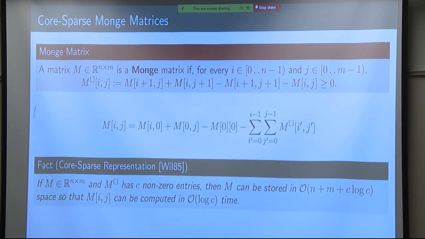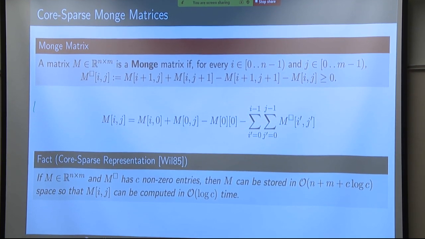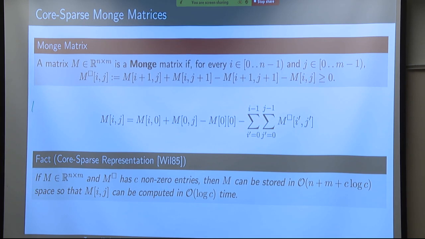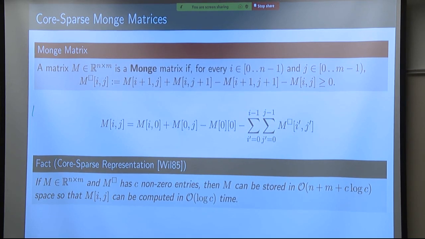And for matrices we encounter as distance matrices, this density matrix is quite sparse, and its non-zero entries are called the core in the literature. So whenever we have a matrix whose core is only of size c, then you can encode the matrix in space which is linear in the dimensions, plus c log c, where c is the size of the core.